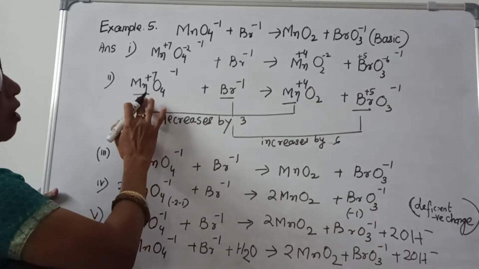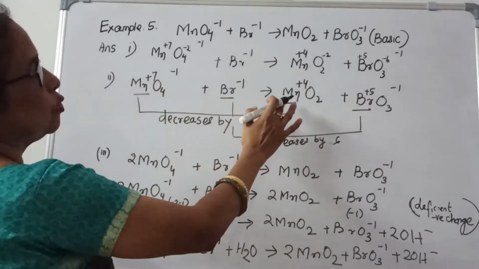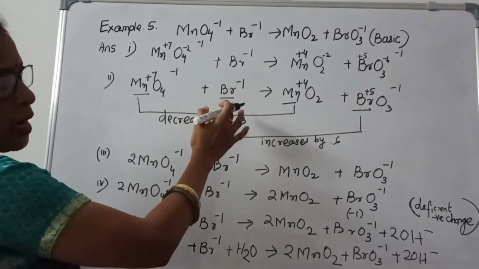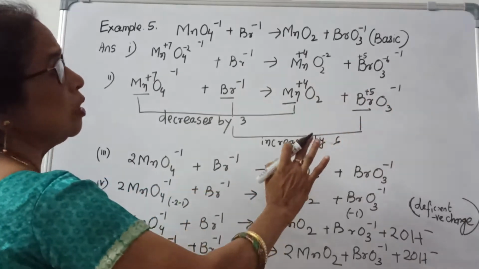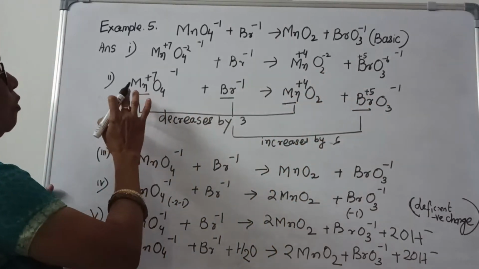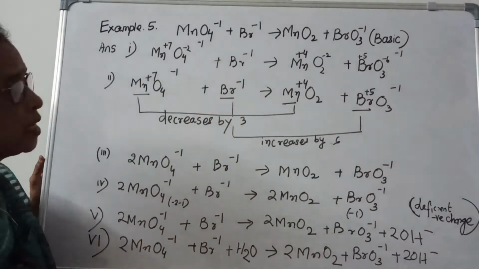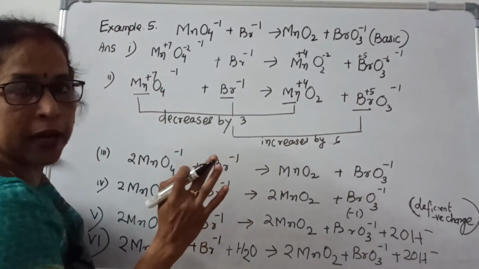Here I will underline: manganese plus 7 changes to manganese plus 4. Bromide ion, minus 1, bromine minus 1 changes to plus 5.